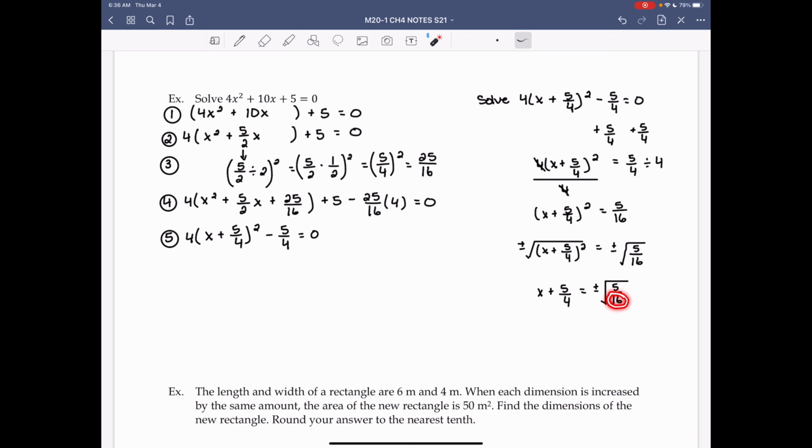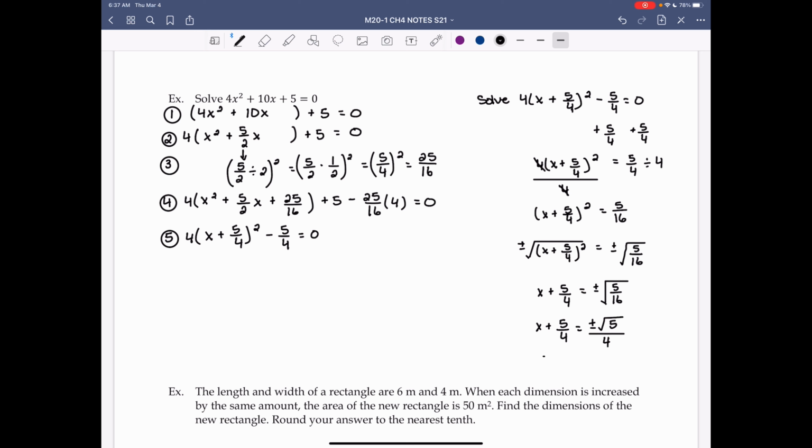The square root of 16 is 4. So we can write this as x plus 5 over 4 equals positive, negative, square root 5, because I can't square root that one, over 4. Square root of 16 is 4, so now 4 is not under a square root.